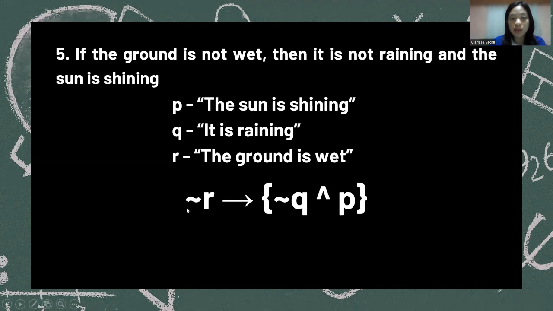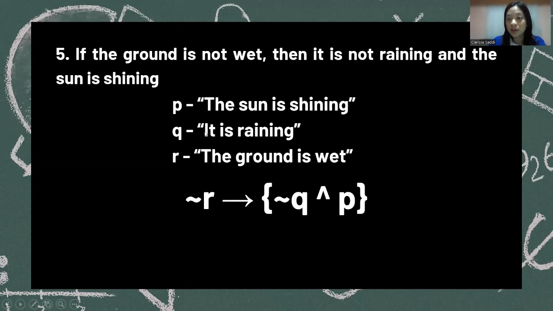So we will just simply add the negation or the not connective before the R statement. Then, as you can see, it is followed by the implication symbol or the if then connective, because if is added to the R statement and then is added after the statement.